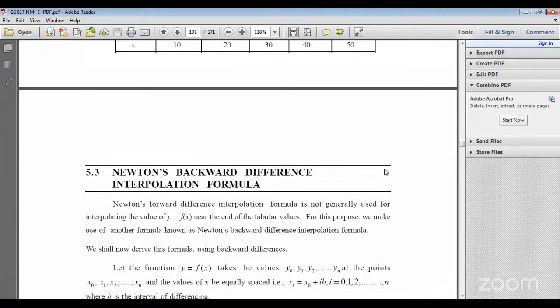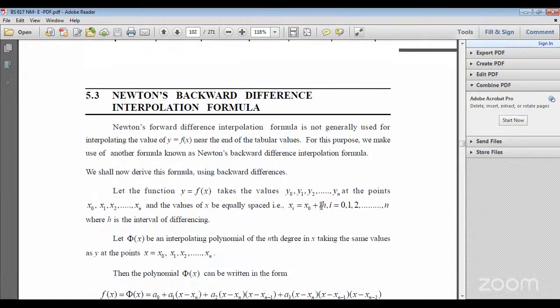Then Newton's backward difference interpolation formula we are taking here.